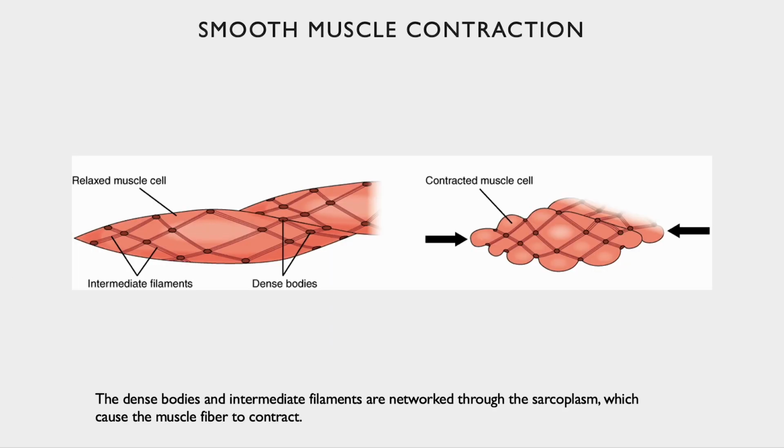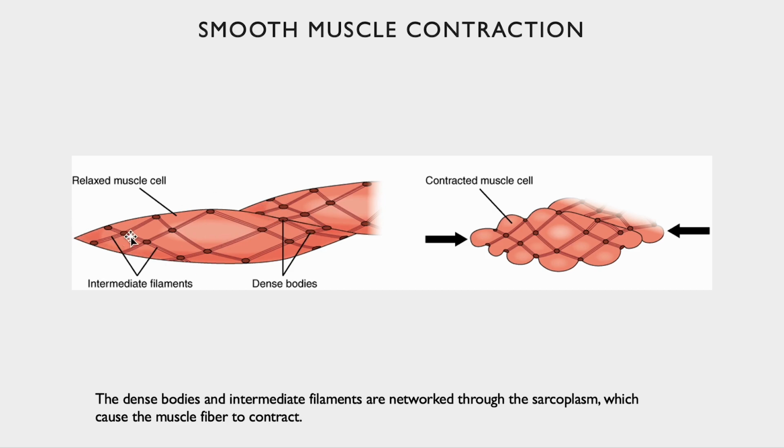Here we have other details about the smooth muscle fibers to understand how the contraction occurs. Instead of sarcomeres, we have structures that are called dense bodies. And we have intermediate filaments of actin and myosin that are forming like a network throughout the sarcoplasm.